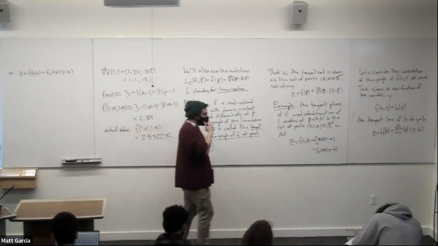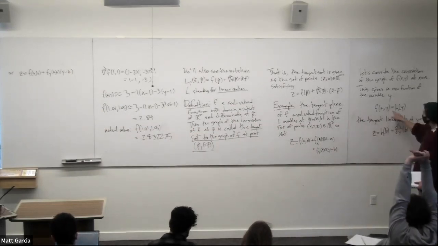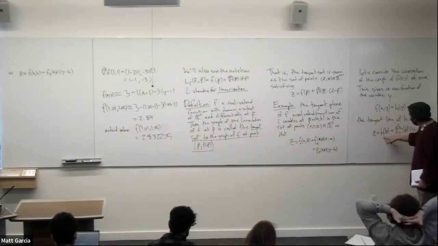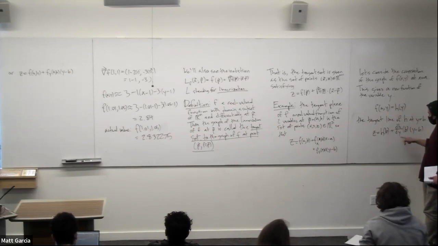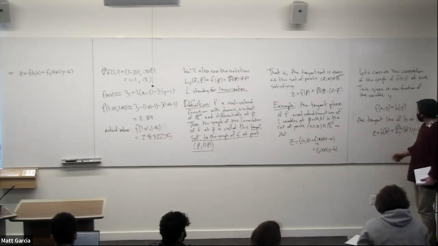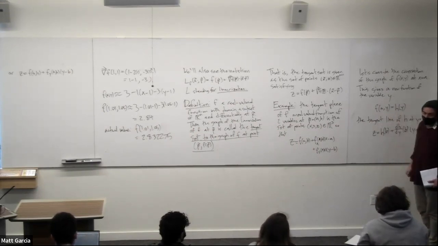Okay, so all I've done here is used this definition, right? h of b is just f of a comma b. The derivative of h is the partial derivative of f with respect to y.